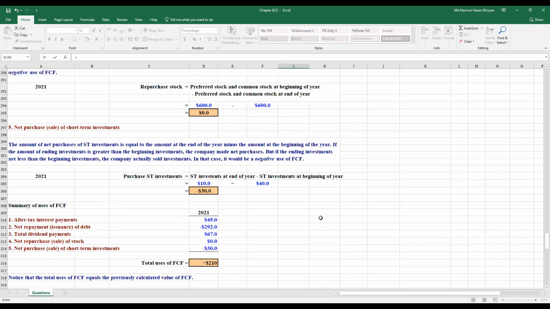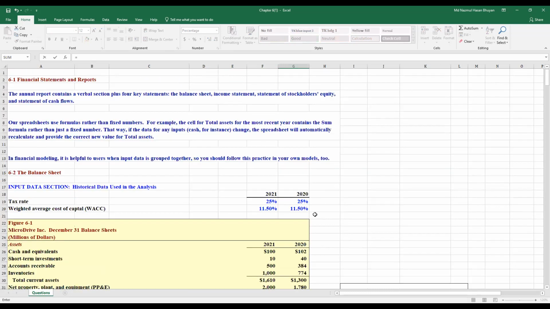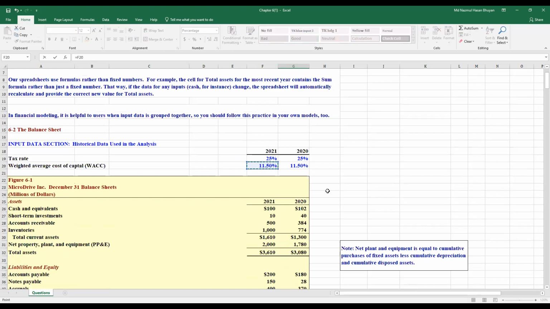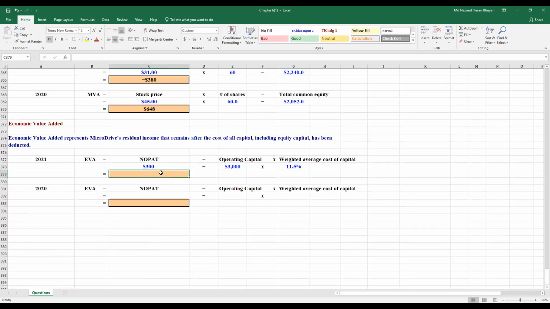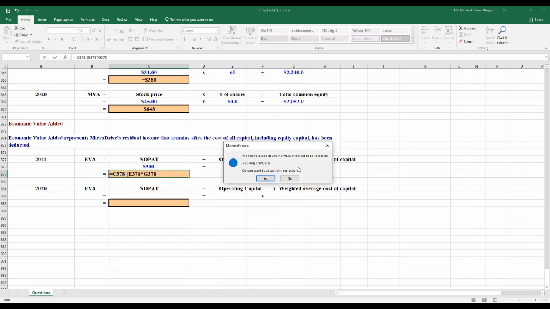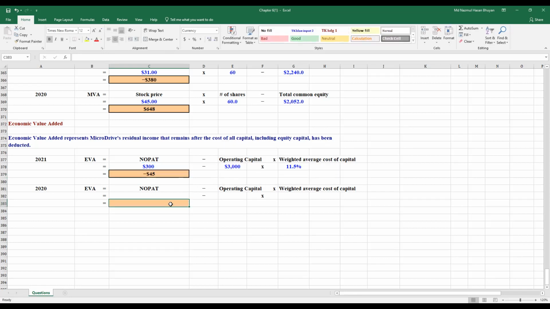Our weighted average cost of capital is 11.5%. So economic value added for this firm is negative 45.